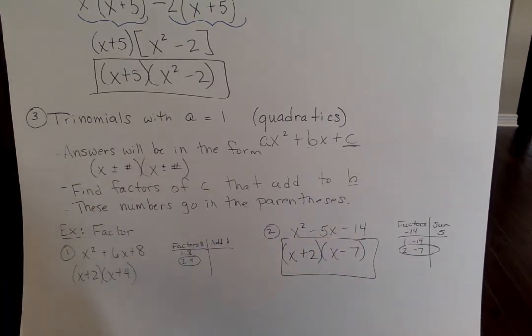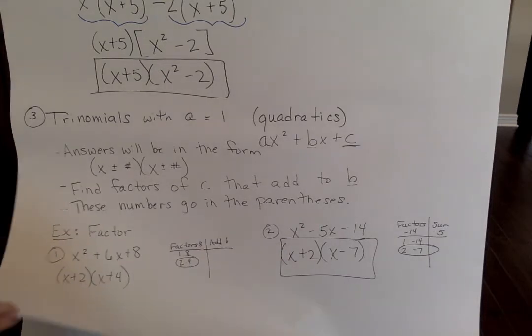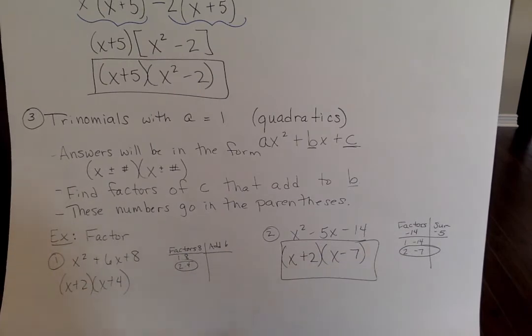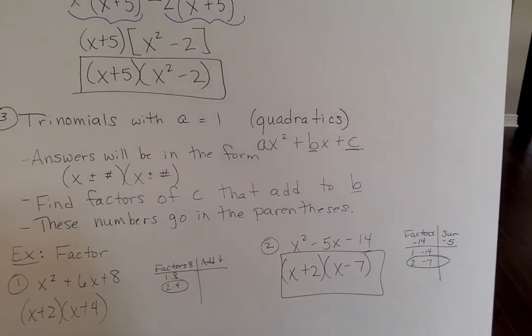Okay, and so again, this should be fairly straightforward and things that you've seen before and hopefully you got pretty good at. Okay, so we'll see lots of those and we'll need to be able to factor them quickly. Normally with these, maybe without the chart, but we'll see.